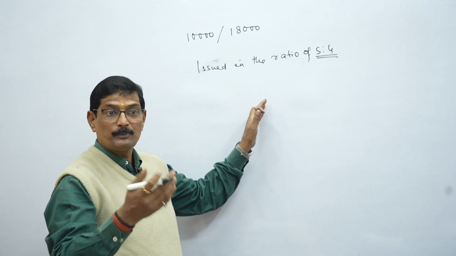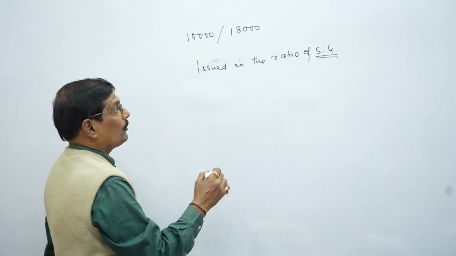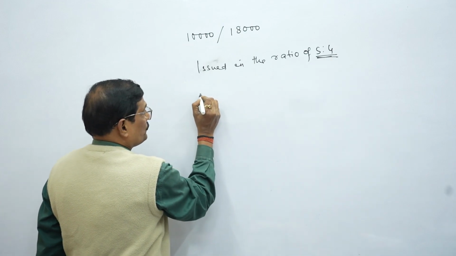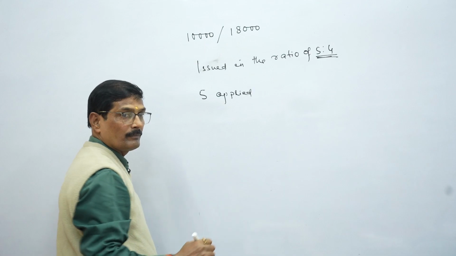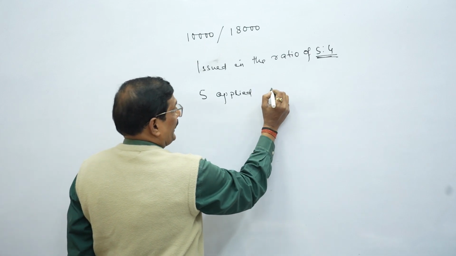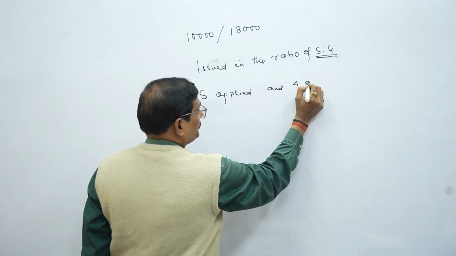You may expect this type of question, right? When I say 5:4, it means 5 applied and 4 allotted.